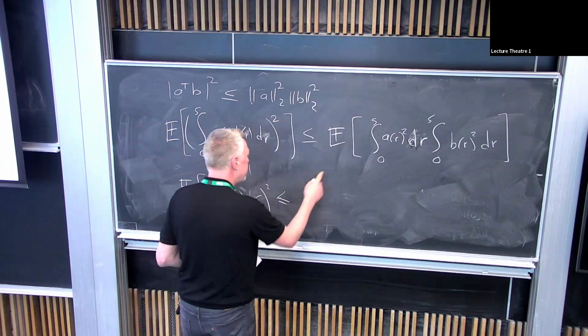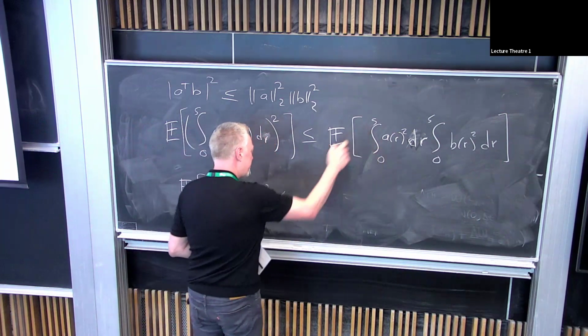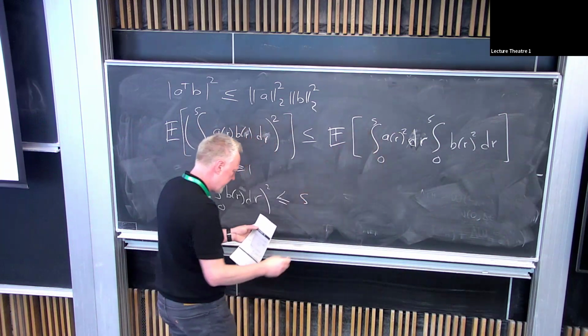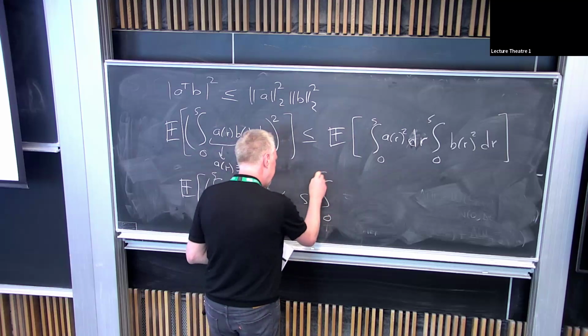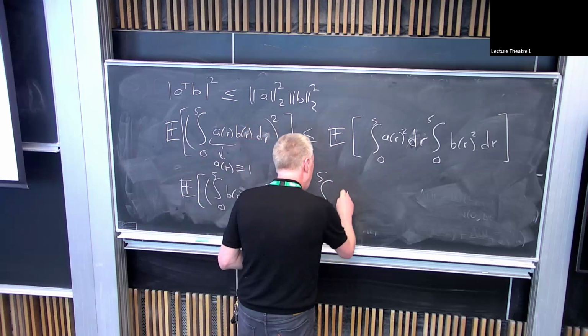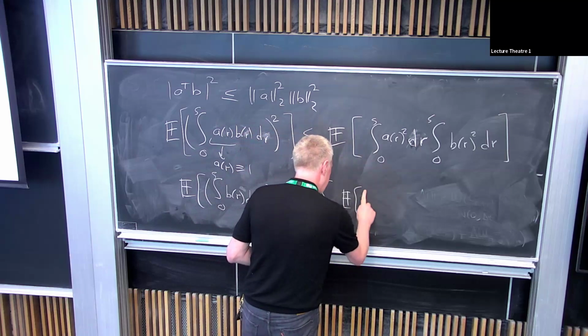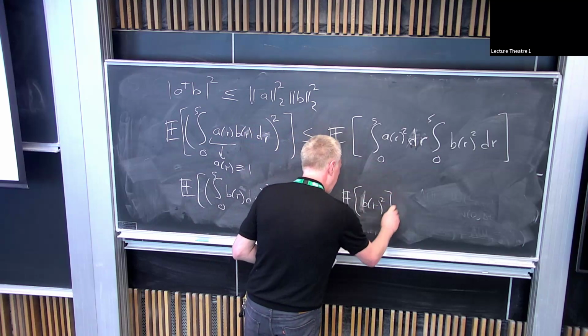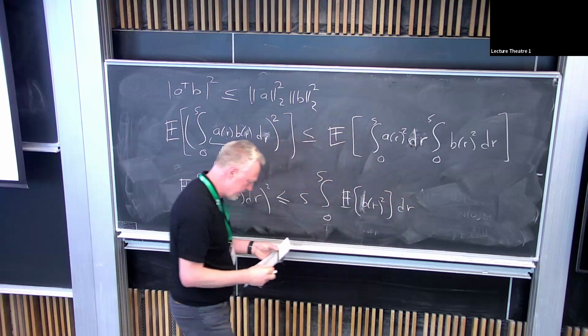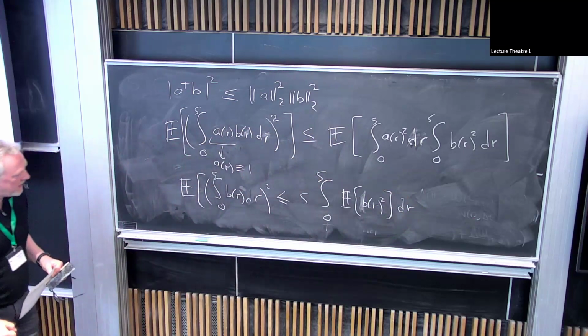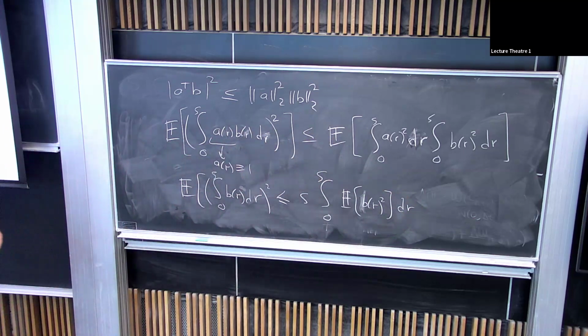And integrating 1 from 0 to S just gives us the size of the interval S. Take the expectation inside, and you get the expected value of P of R squared dr. So we're allowed to exchange expectations and integrals freely in this setting.